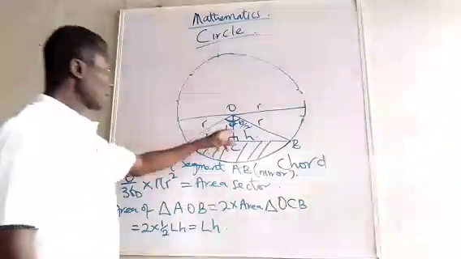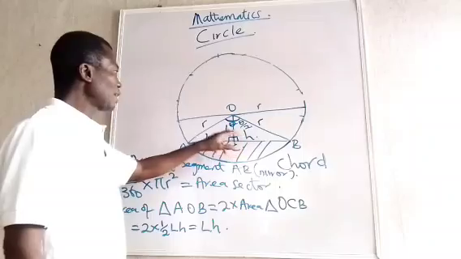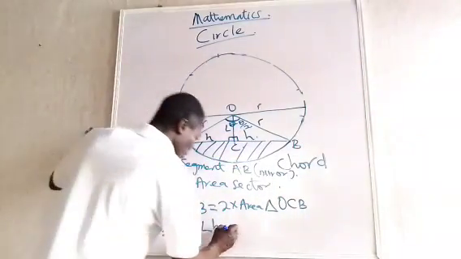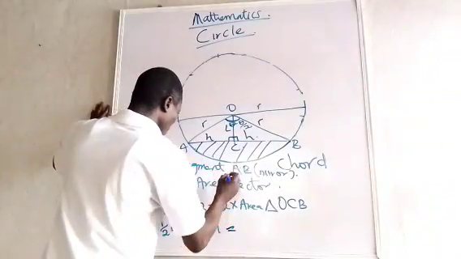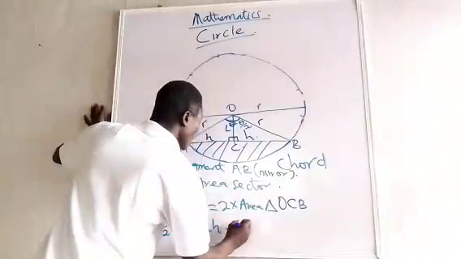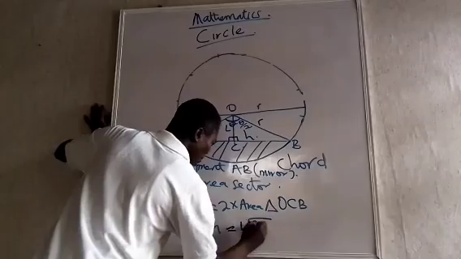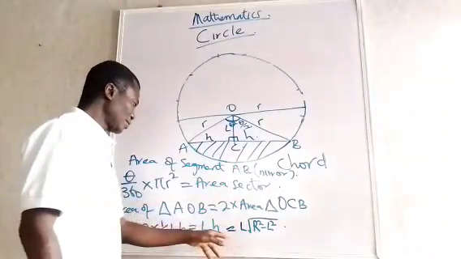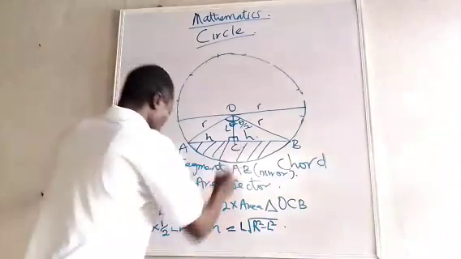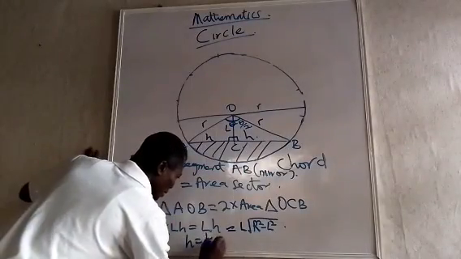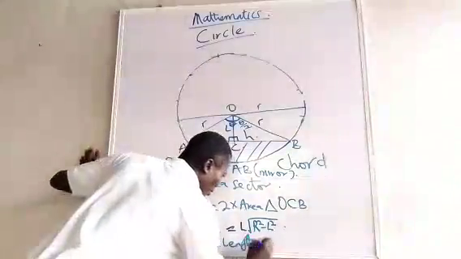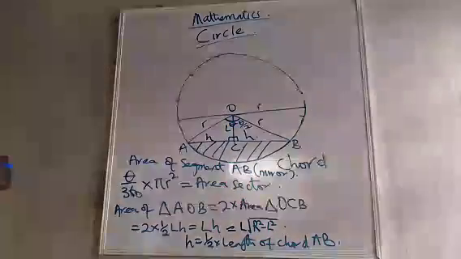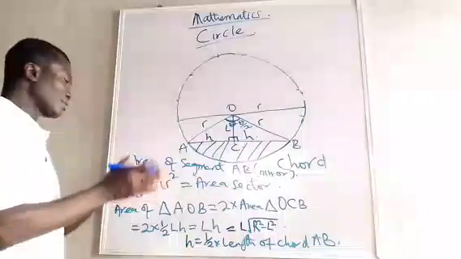You understand? You can find L if you are given H. You can find H if you are given L. And you know the relationship between L and H is L equals the root of R squared minus H squared. That is it. And you also know that this H is equal to half the length of the chord. So this thing is very simple. Just break it down in a way that will simplify it.